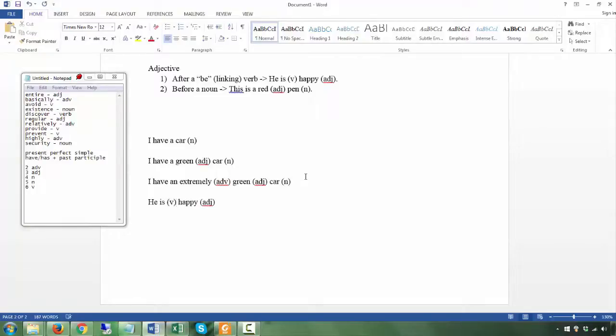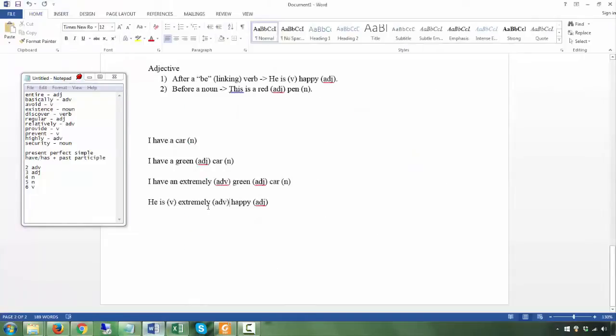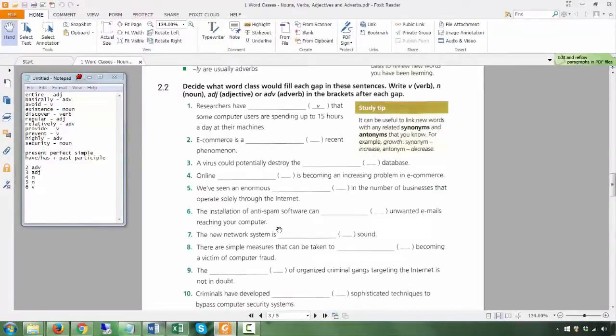But you could also put something in front, extremely, this is your adverb. It is describing happy. So he is extremely happy, or the network system is extremely sound. Extremely is an adverb, and then sound is your adjective.